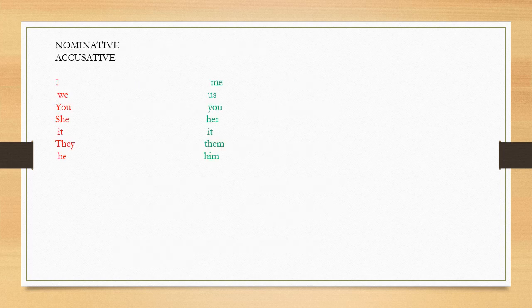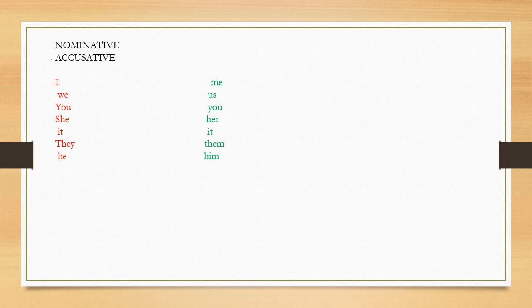This is the nominative and accusative case. Nominative: I, we, you, she, it, they, he. Now the accusative here is me, us, you, her, it, them, him. When I say "I wrote a letter," "I" is nominative.